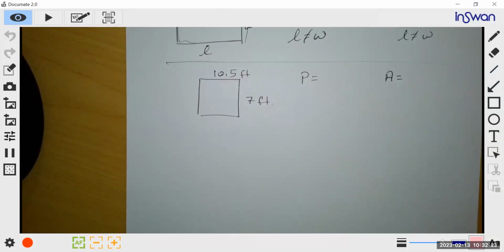So is it a square or a rectangle? Why? Yeah, the lengths are not the same. Don't ever trust a picture. Look at the numbers.